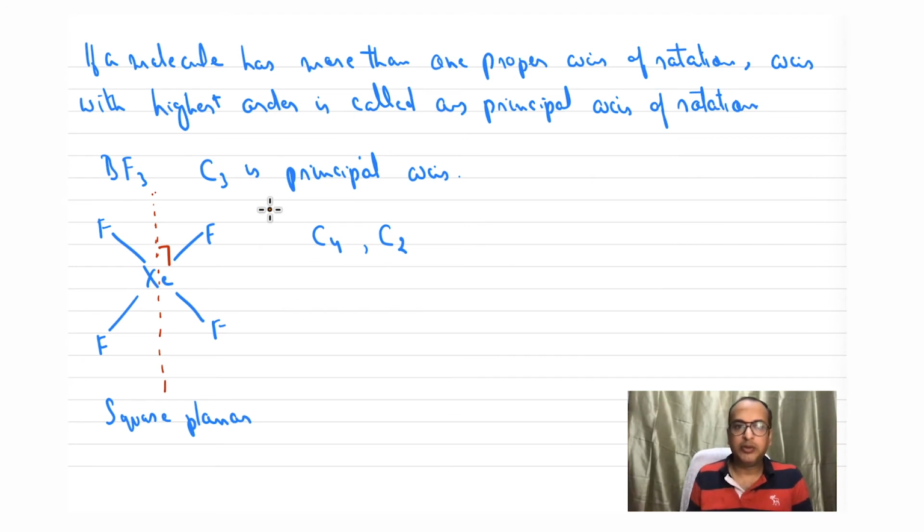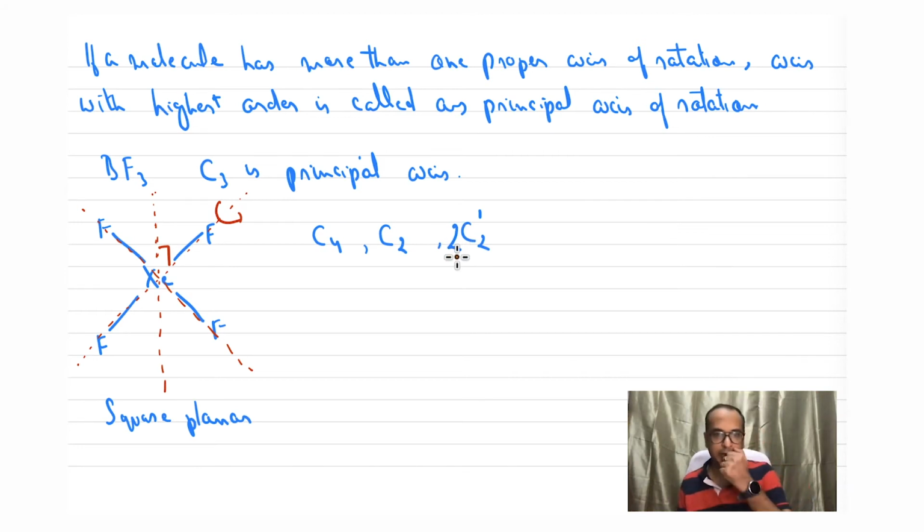Now, in addition to that, if you see, there would be one C2 axis which is actually passing through the F-Xe-F bond, right? So this will be C2 prime, and there will be two such axes because there are two such stretches. So there will be one more like this. So we can write down over here 2C2 prime, right?